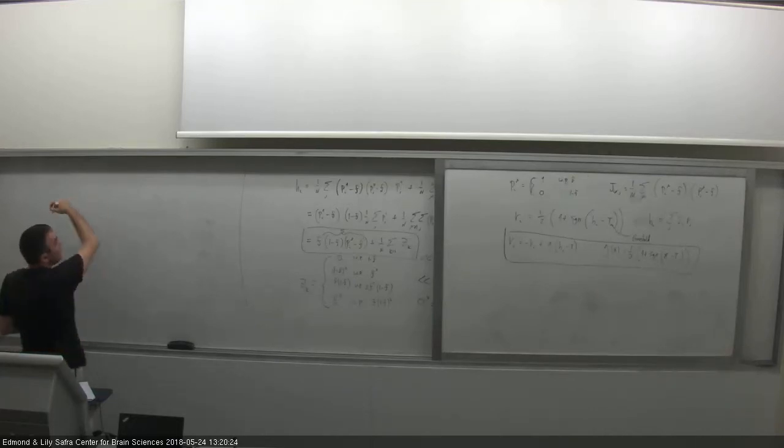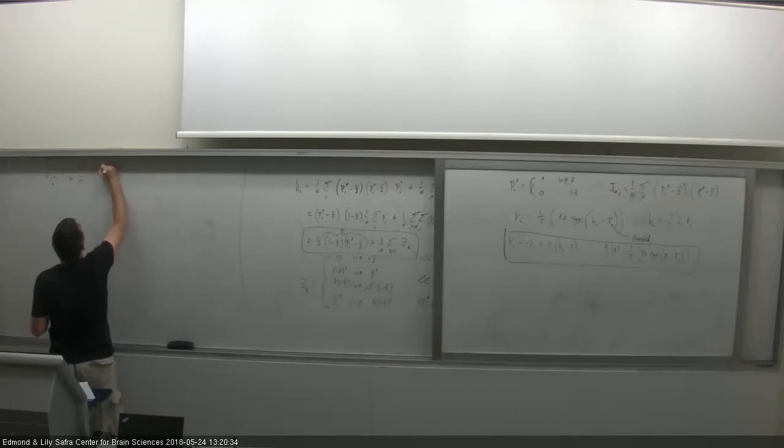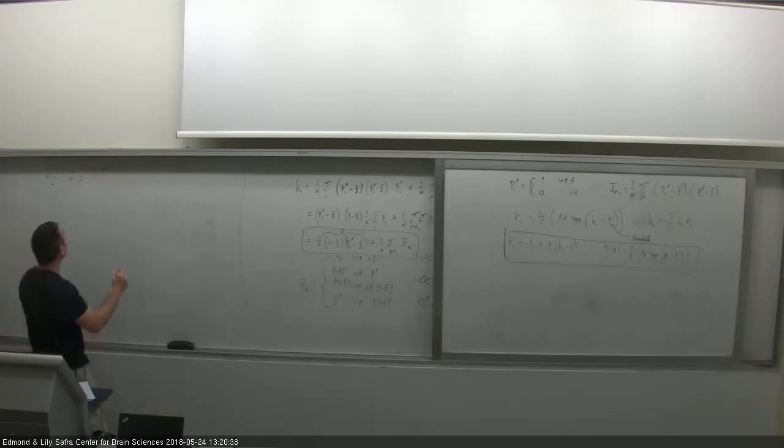So again, our Jij is equal to 1 over n sum over mu of xi_i^mu xi_j^mu. This is as before.